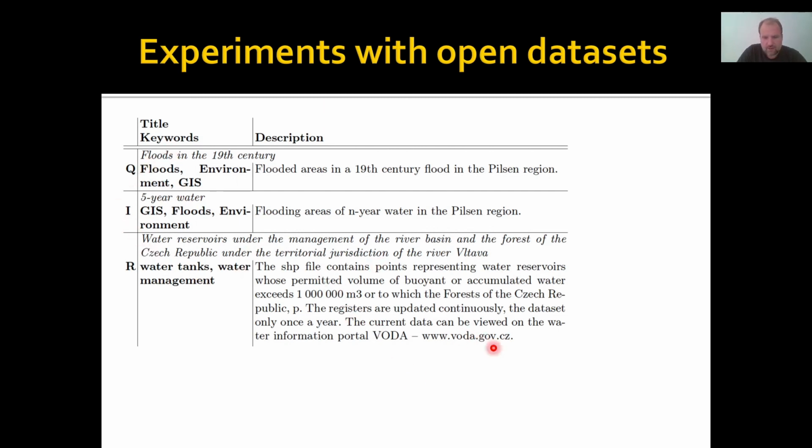And there is quite a large description, but still, this was ranked as relevant to the query thanks to the intermediary dataset that basically connects the two with some overlap. Here we have GIS and floods and environment, and here we have water, and we have water here, and there are maybe some others, I don't see them right now.